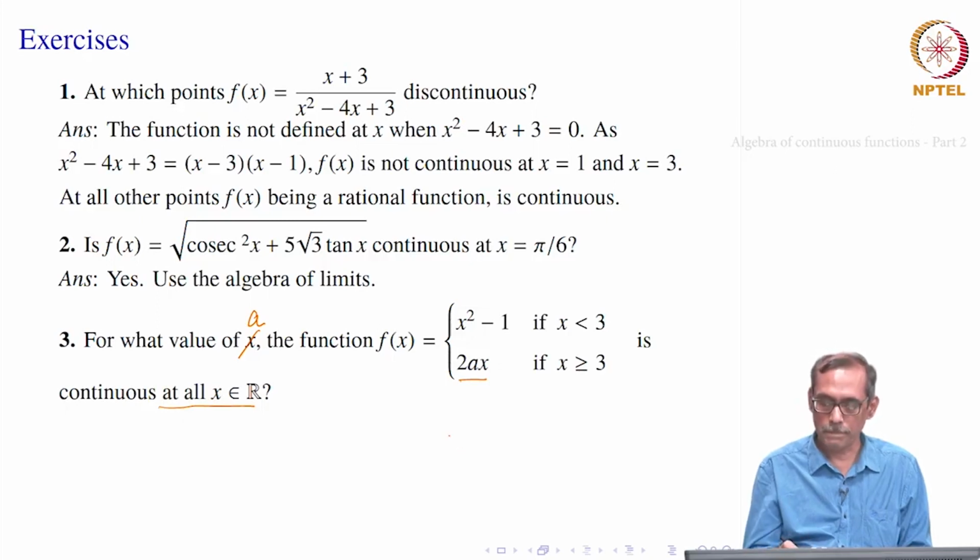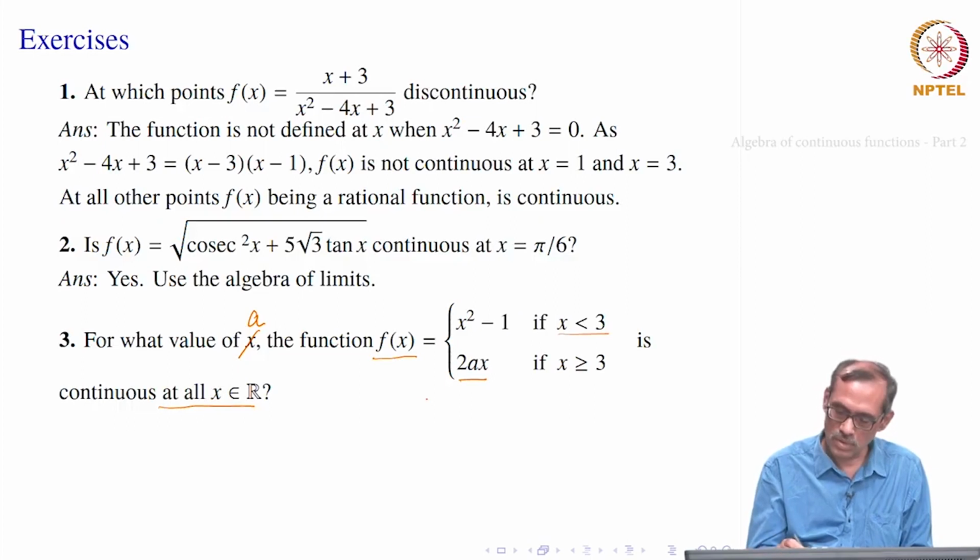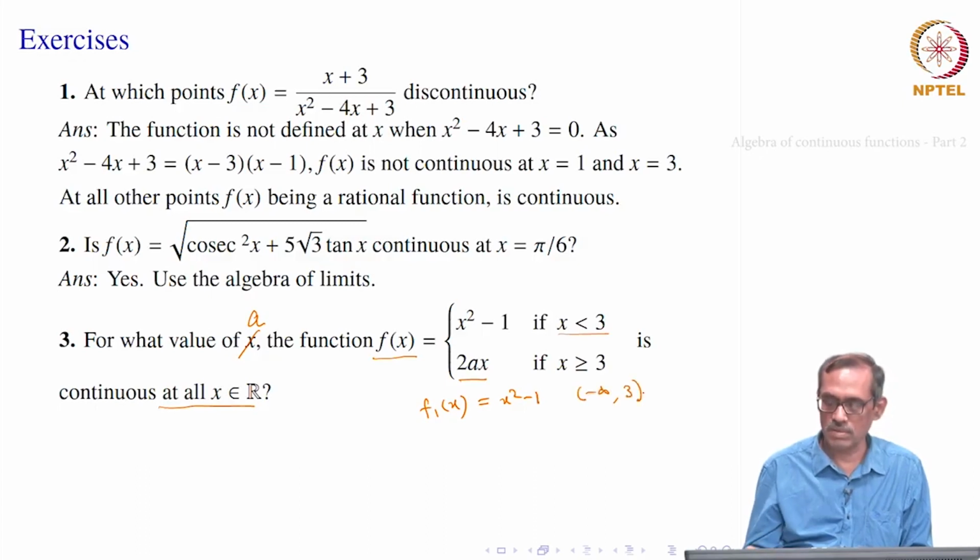So, let us look at them. You may think of f(x) as defined by f1(x) equal to x square minus 1 on the interval minus infinity to 3, and you may think of f2(x) equal to 2ax defined on the interval 3 to infinity, closed at 3.